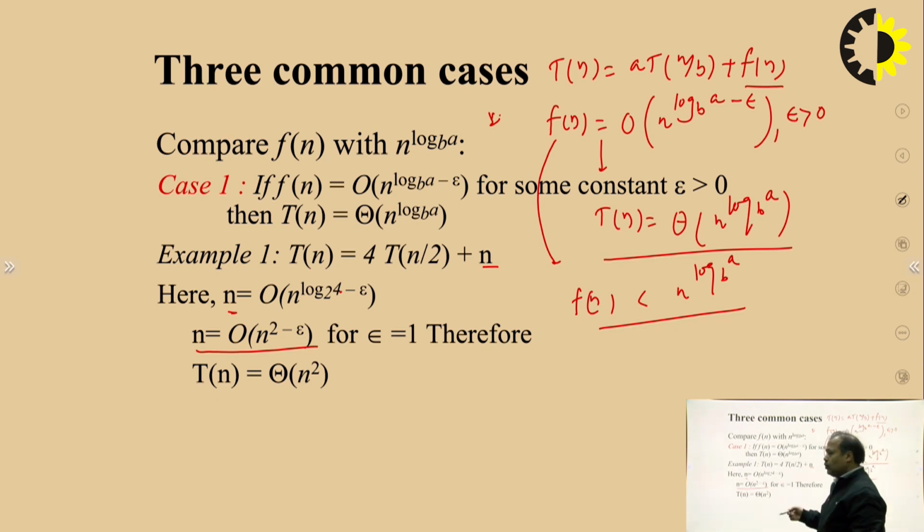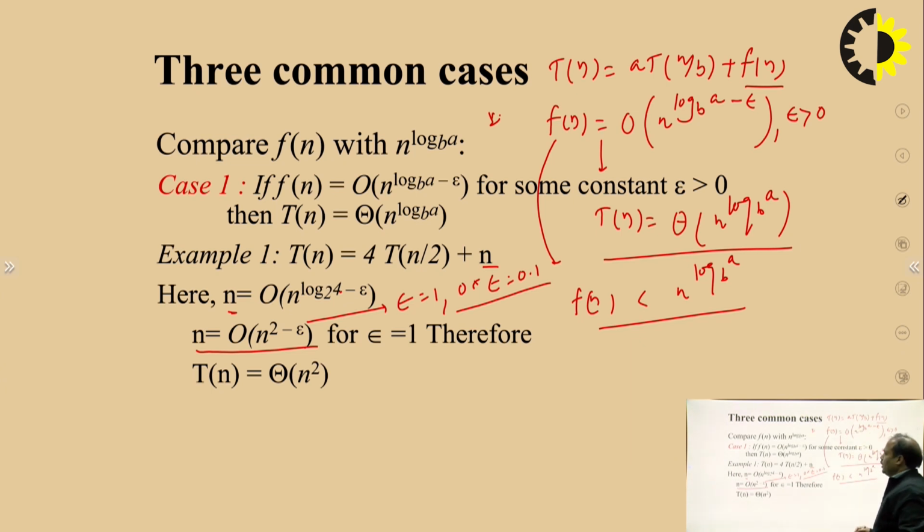So we have many choices for epsilon here. We can choose epsilon equal to 1 or epsilon equal to 0.1. In this situation, n is always less than this. We are going to subtract, not equality.